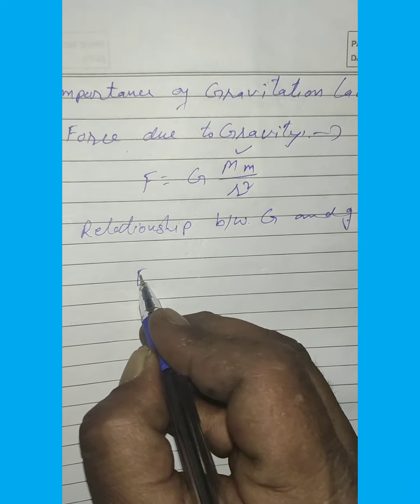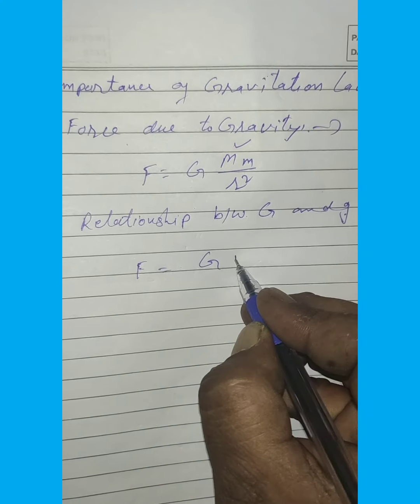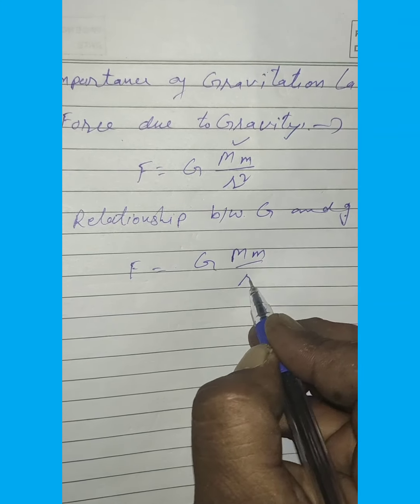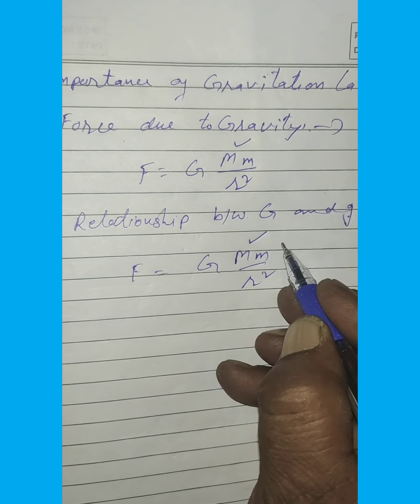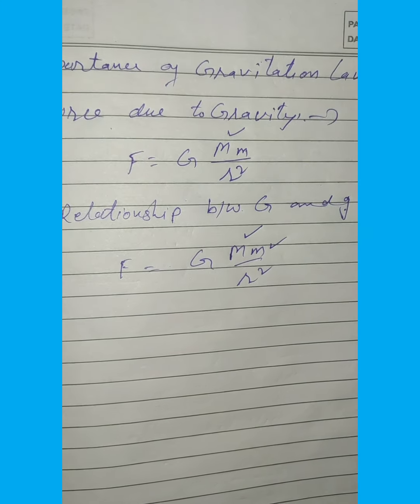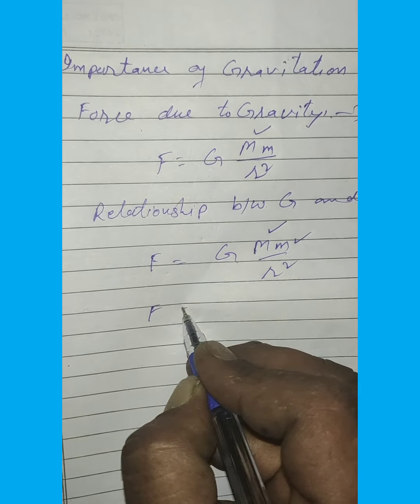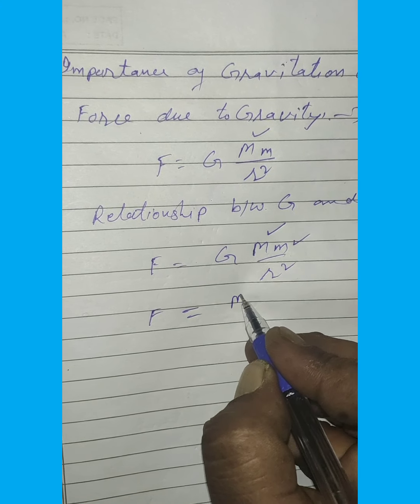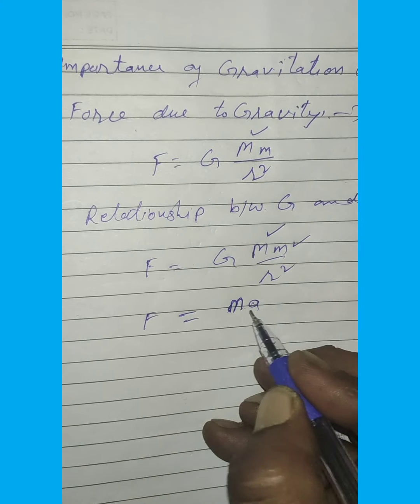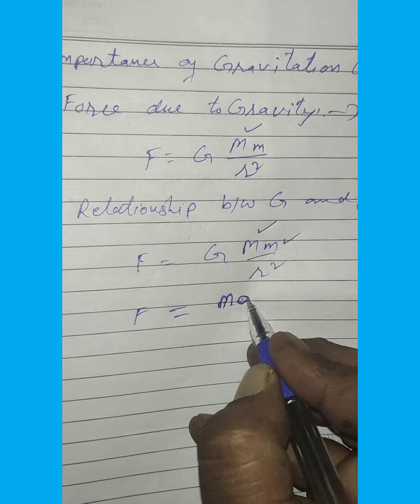According to the gravitational law, F is equal to G M m over r square, where capital M is the mass of the earth and small m is the mass of the object. But according to Newton's second law, F is equal to m into a, where m is the mass of the object and a is the acceleration.